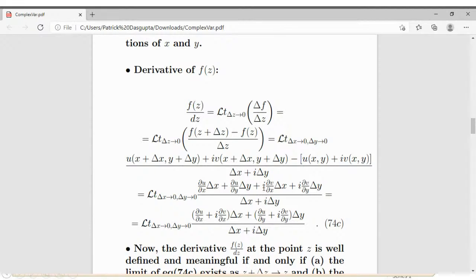So iota del v by del x delta x, and similarly iota times del v by del y into delta y.